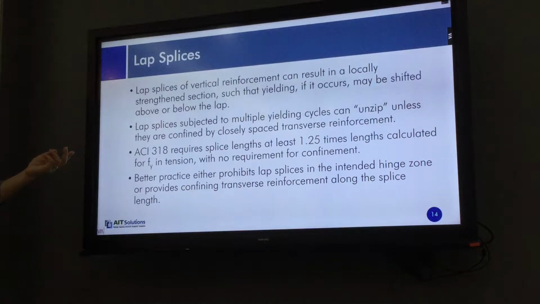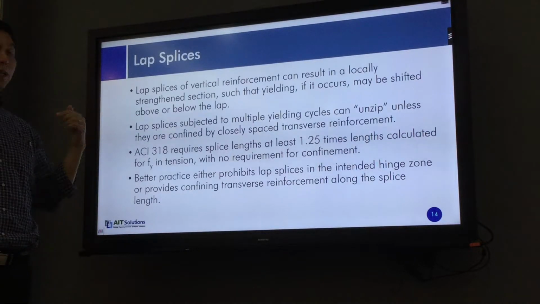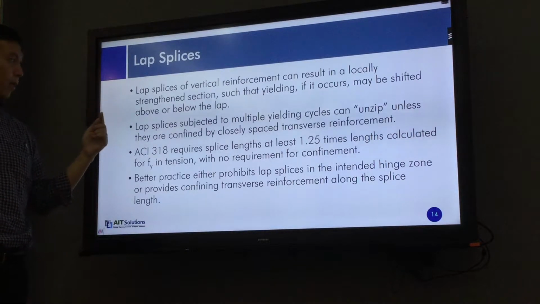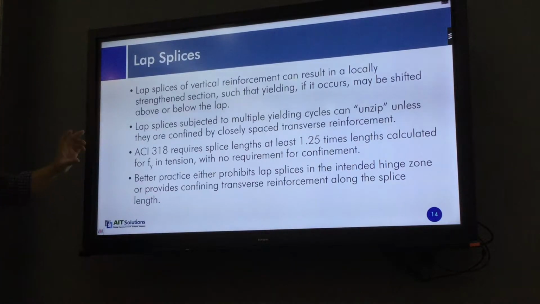If you splice, for example, 20% of the vertical bars, there will be a 20% increase in steel area. In that case, bending moment capacity will be increased. For example, you have spliced between ground level to level 1. So between ground level and level 1, the bending moment capacity is increased.